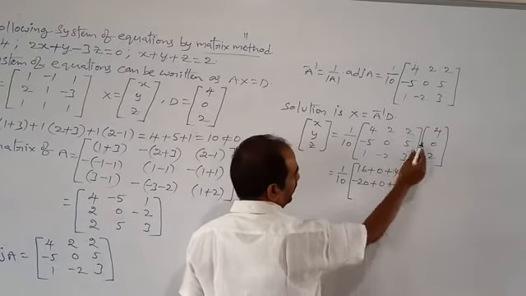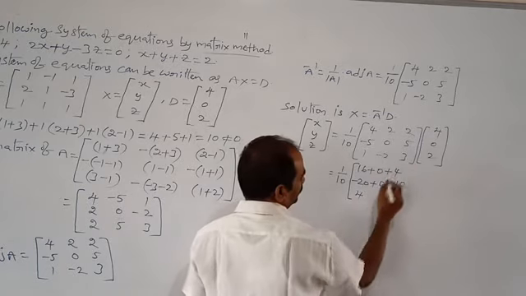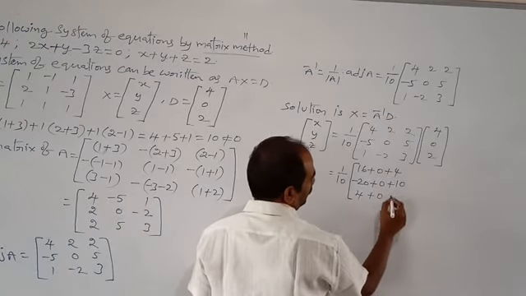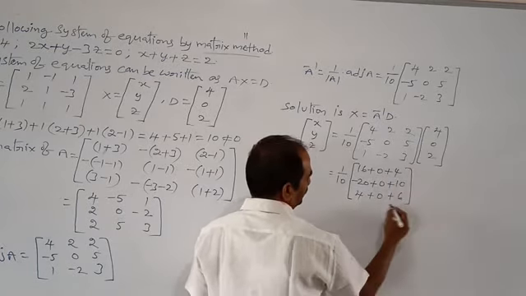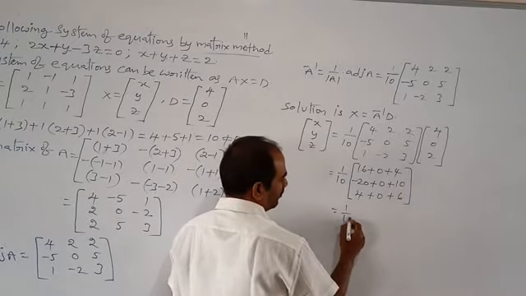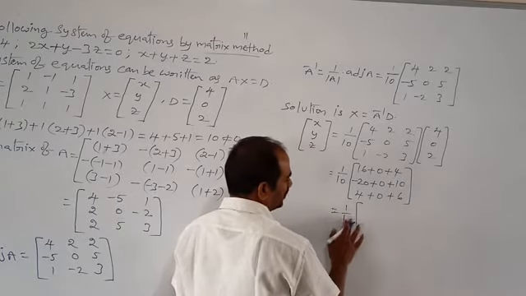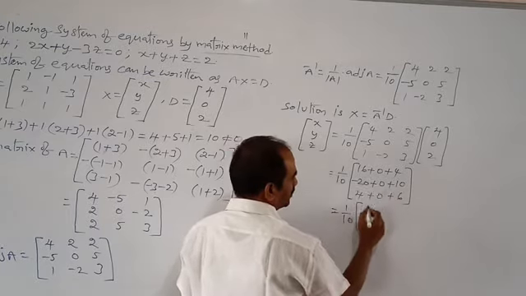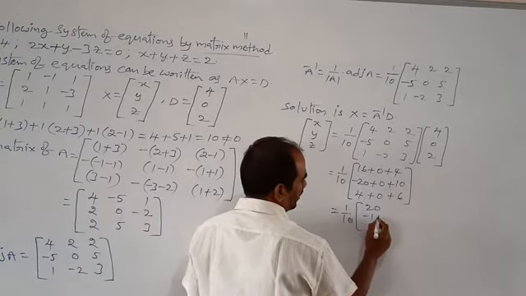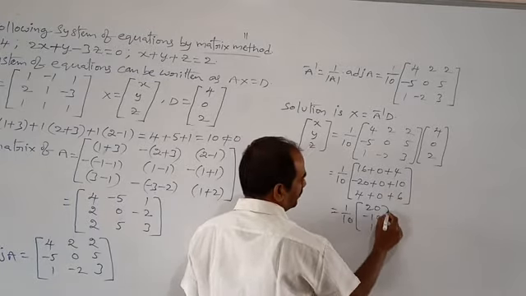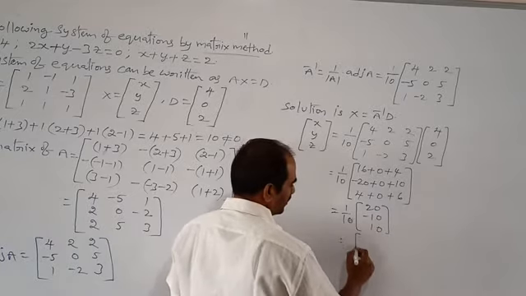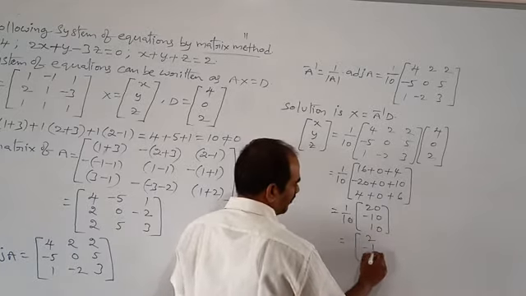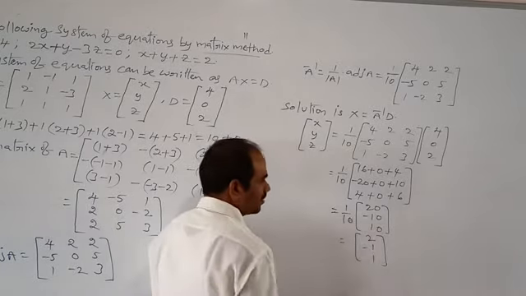Third row: 1 into 4 is 4, minus 2 into 0 is 0, 3 into 2 is 6. So the totals are 20, minus 10, 10, divided by 10. That is equal to 2, minus 1, 1.